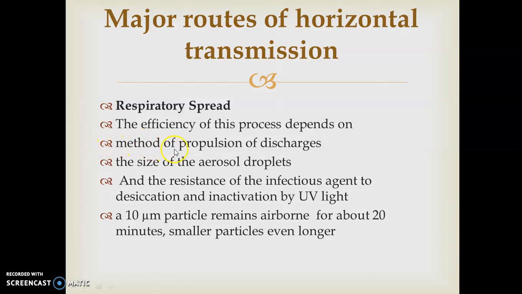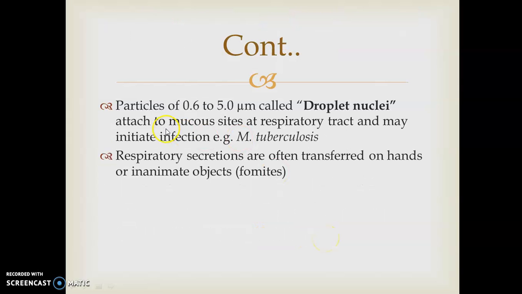The first factor is the method of propulsion of discharge, the second is droplet size, and the third is resistance. For example, a 10 micrometer particle remains airborne for about 20 minutes. So the smaller the particle, the longer it remains airborne.